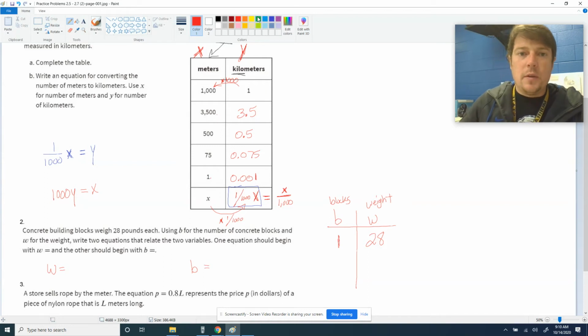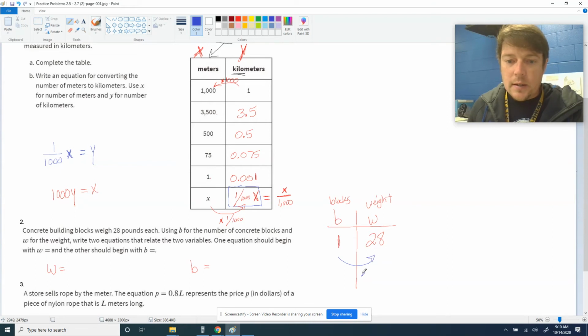All right, so let's write the first one by catching the constant of proportionality, which is easy to grab in this one because they are 28 pounds each, so 28 is your constant to get from blocks to weight. Notice how we're multiplying the block value, B, by 28 to get what W equals. So W equals 28 times B. Write that down here, all right?